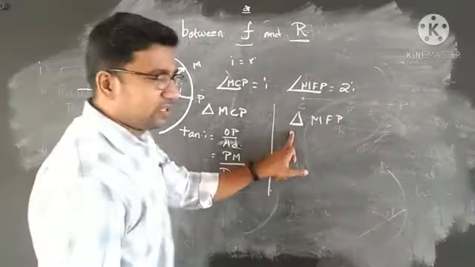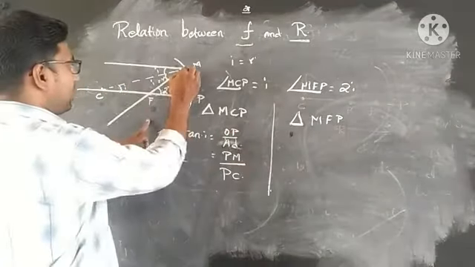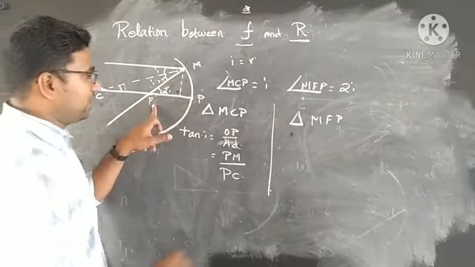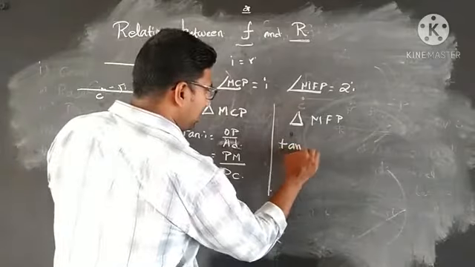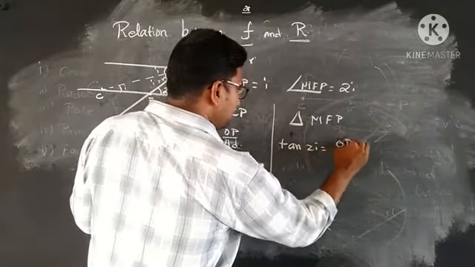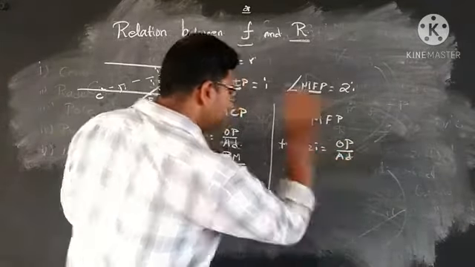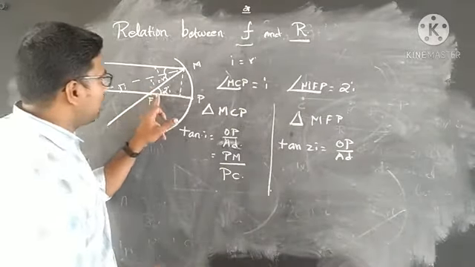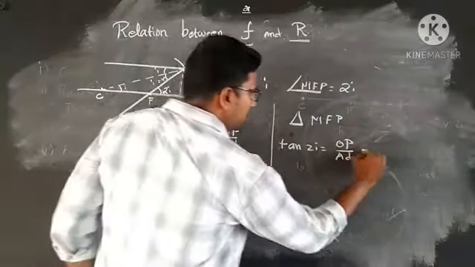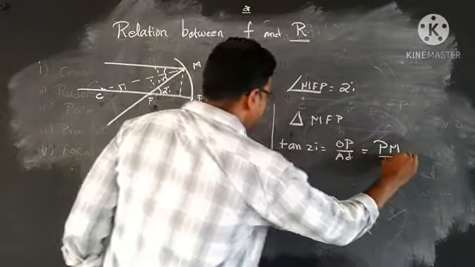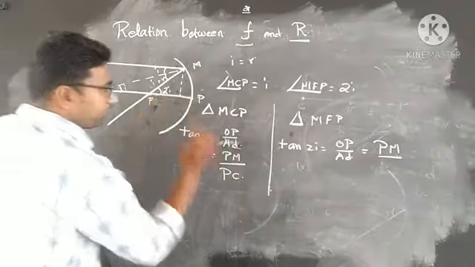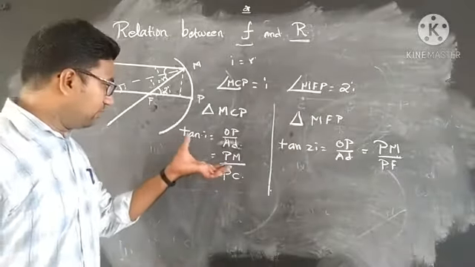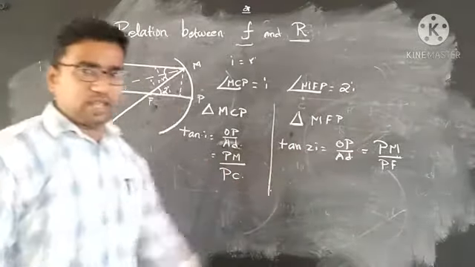And in the triangle MFP, I am also going to find the value of tan theta. So tan of 2I equals opposite side divided by adjacent side. The opposite side to the angle 2I is PM, divided by the adjacent side PF. Am I right? Now I found the value of tan I and tan 2I.